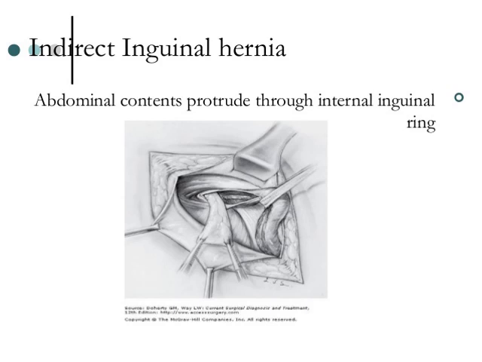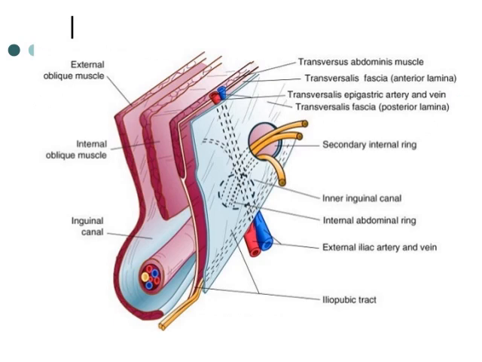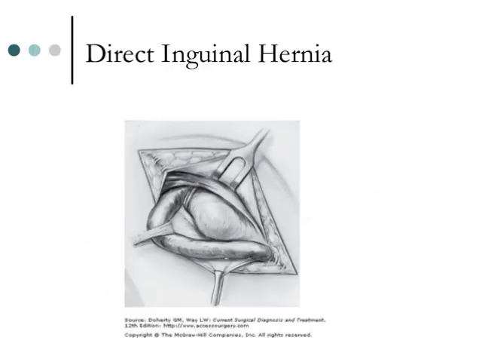In indirect inguinal hernia, the abdominal content will protrude through the internal inguinal ring. In direct hernia, the hernia is due to weakness in the fascia transversalis, so the fascia will protrude to the outside.